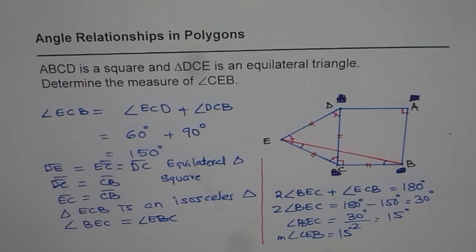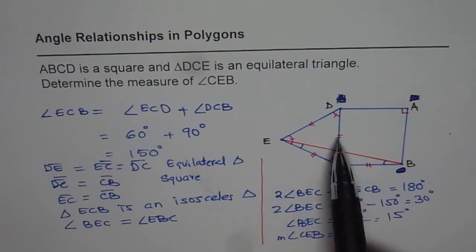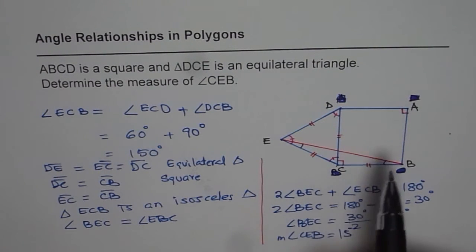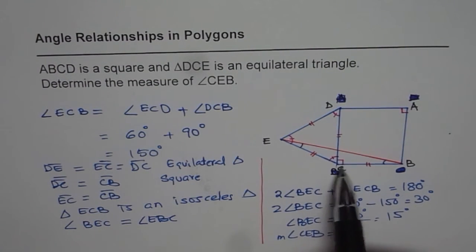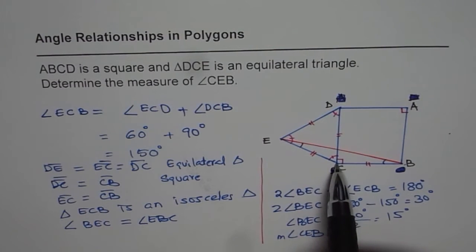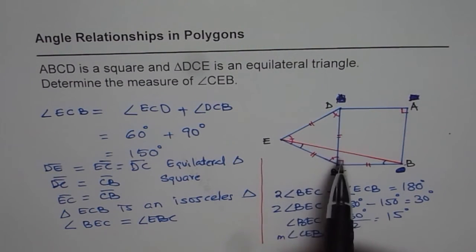So let's go through this solution once again. What we are given here is a square and an equilateral triangle. That means the sides of the square are equal, so DC and CB are equal. Since the equilateral triangle is there, DC is equal to EC, and that should also be equal to CB.